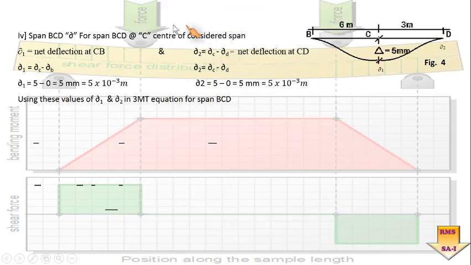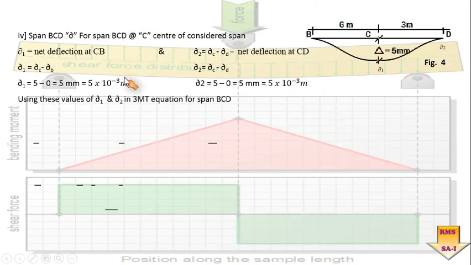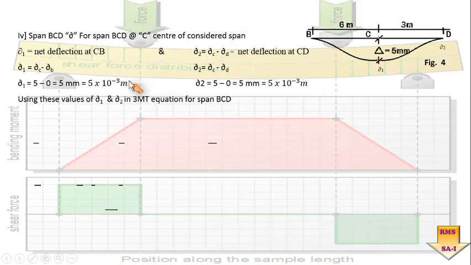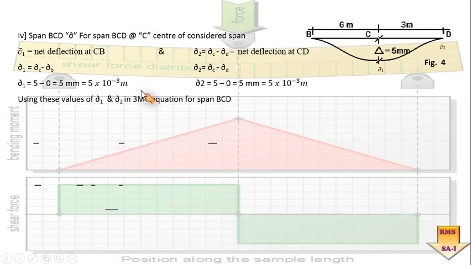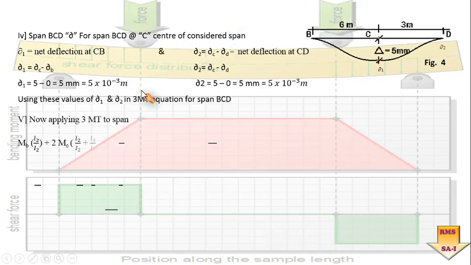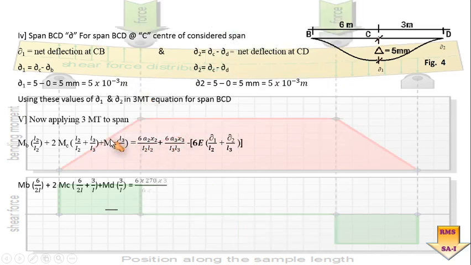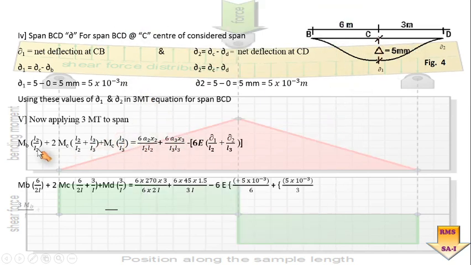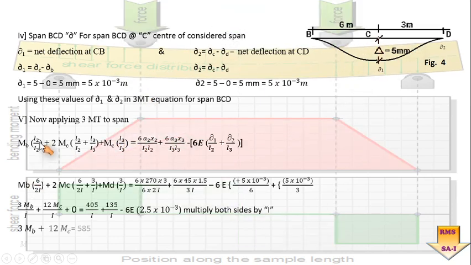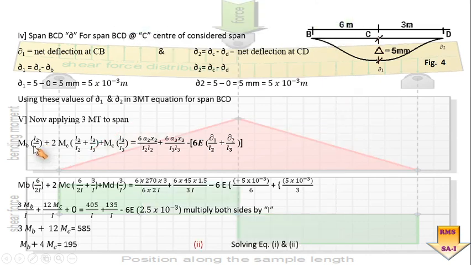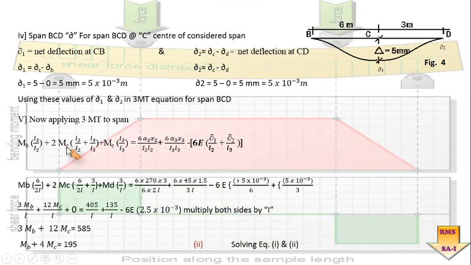Now all these various values which we have already worked out are to be simply substituted into the governing equation of Clapeyron's 3-moment theorem. Here you can see Clapeyron's 3-moment theorem applied for the span BCD. Now MB L2 by I2, we know I2 is different, that is 2I.